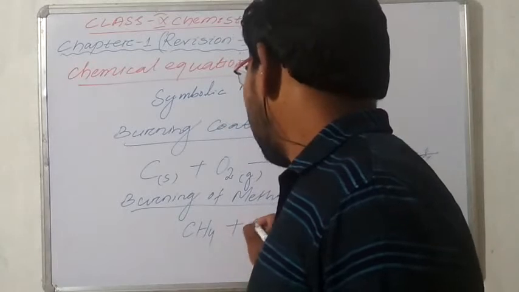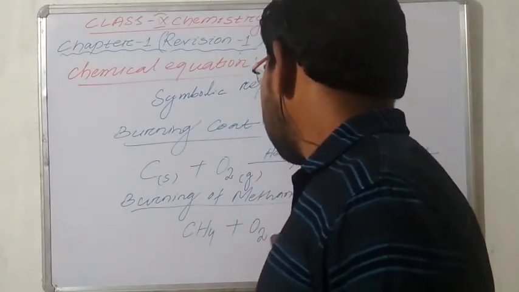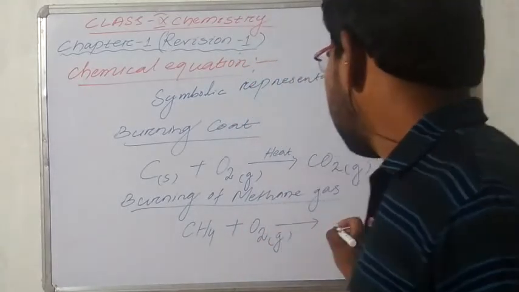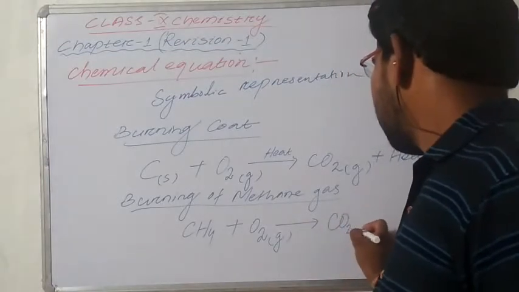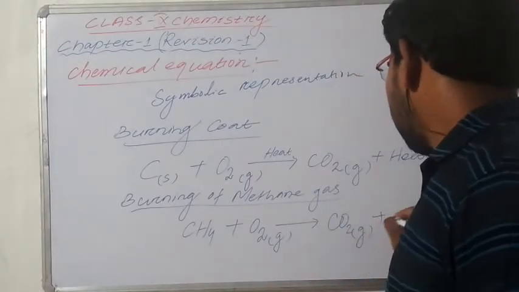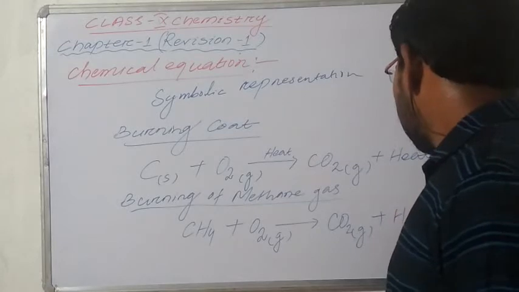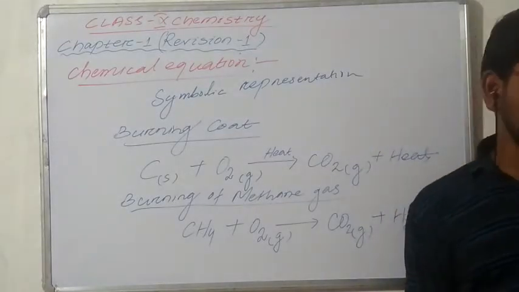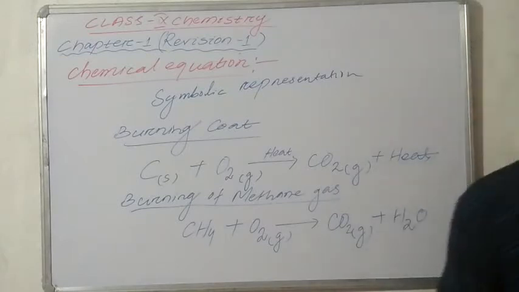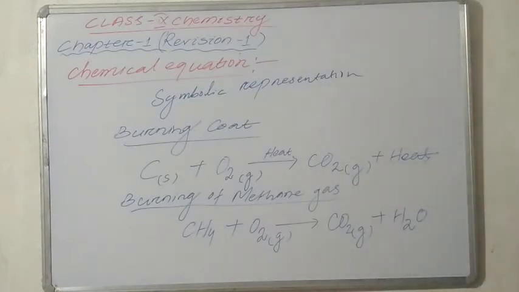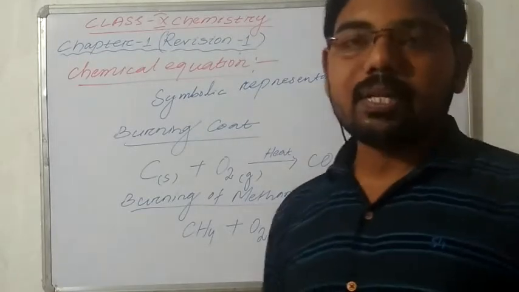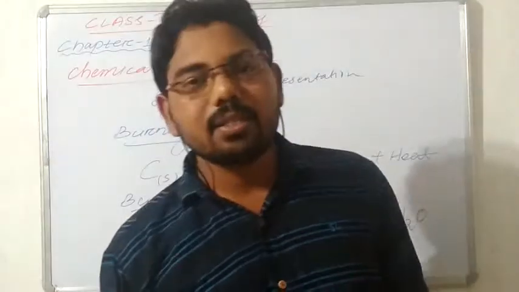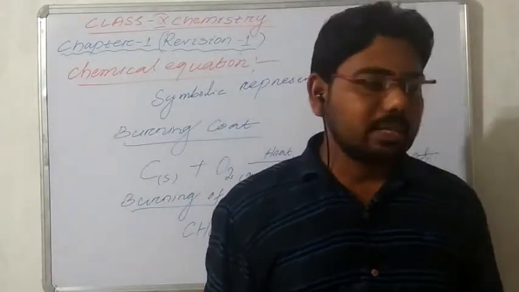This methane gas burns in the presence of oxygen gas to produce carbon dioxide gas, CO2, and some water vapor, H2O. So this is the chemical equation. A chemical equation is the symbolic representation of a chemical reaction.